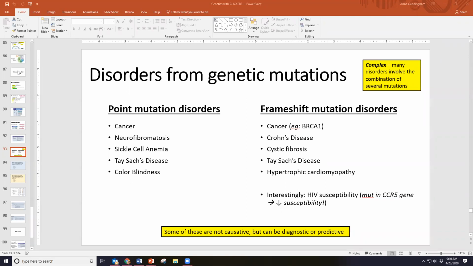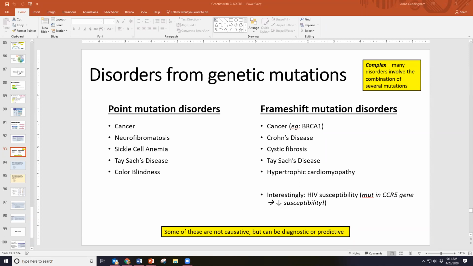So you can see over here in the top right, I have a little highlighted box that says that realistically genetic disorders are extremely complex. You'll notice that I have disorders that involve point mutations, and then I have disorders that involve frameshift mutations.